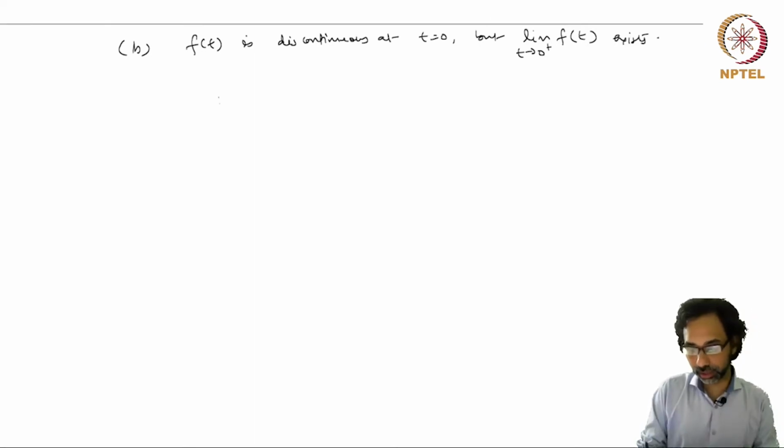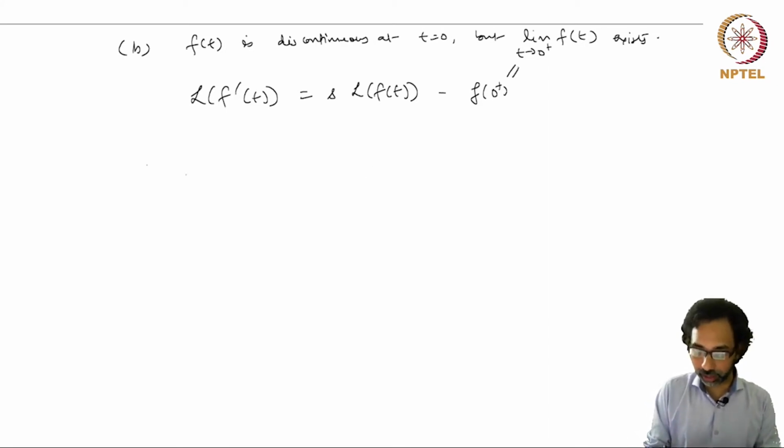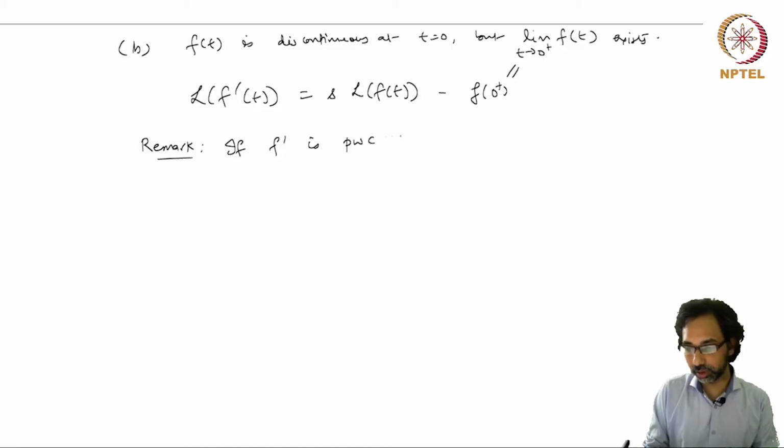So in this case, the Laplace transform of f prime t is given by s times the Laplace transform of f(t) minus f of 0 plus, which is nothing but this limit here. And I'll just remark that if f prime is piecewise continuous on the whole interval 0 to infinity, then this limit exists.